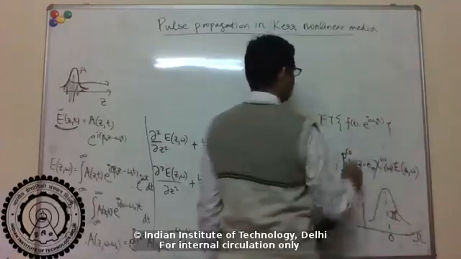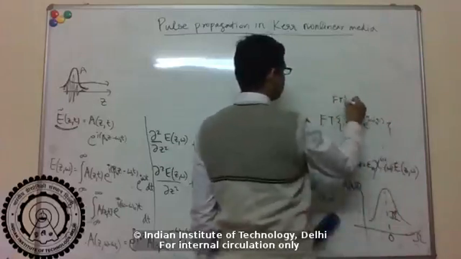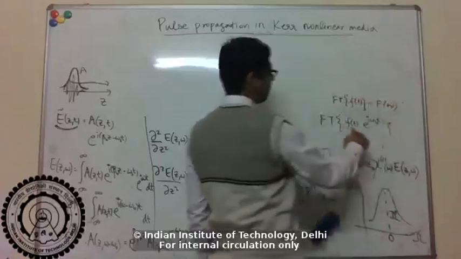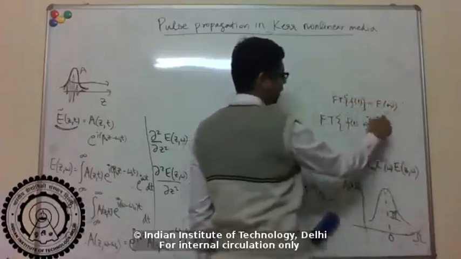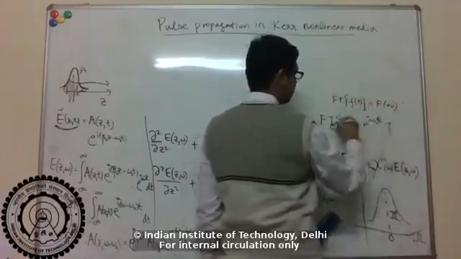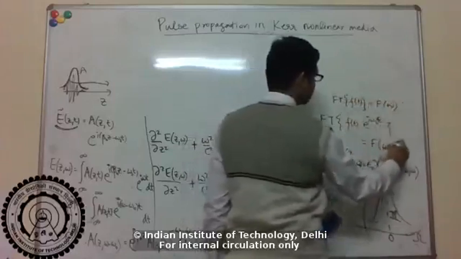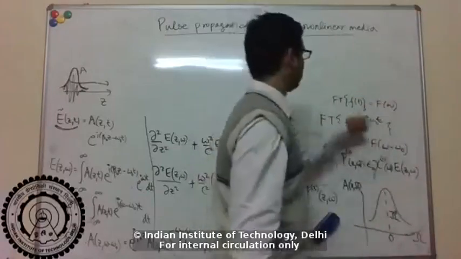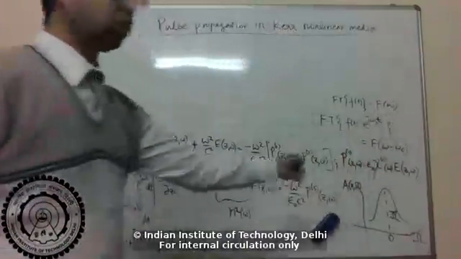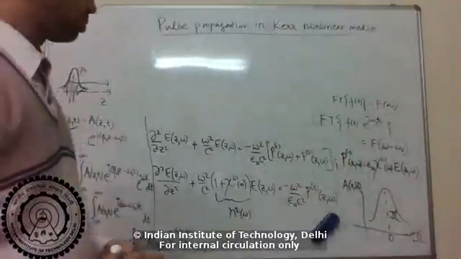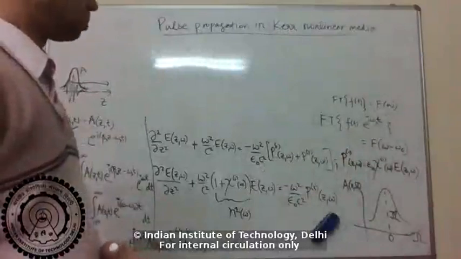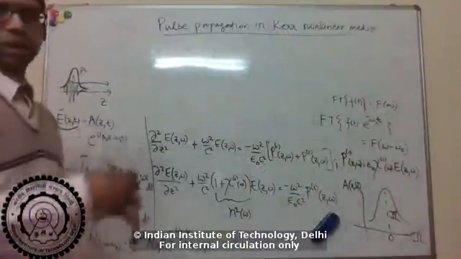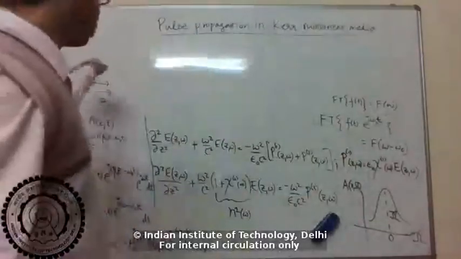If the Fourier transform of f of t is f of omega, then if I multiply f of t with a sinusoidal carrier wave, the Fourier transform of that is just the shifted version of the original. That's what I'm doing. Okay, sir. Because we don't want to keep track of this e to the i omega naught t carrier wave everywhere. We just want to see how the envelope changes.